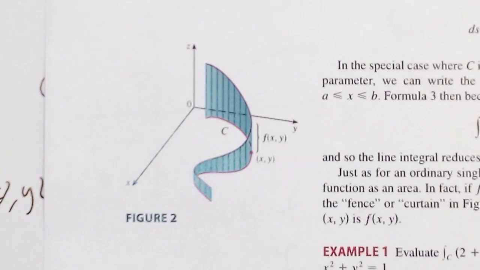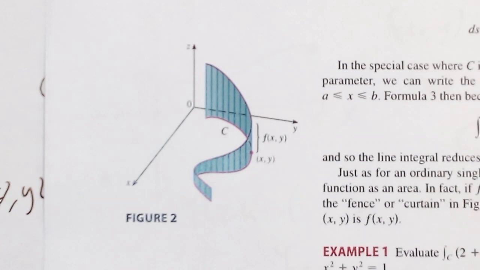That's f of x, y. And I can ask you, what's the area of this? How much wood do I need to build this fence? I need to integrate. I need to add up all the little slats and make them smaller. Same thing we did before, right?